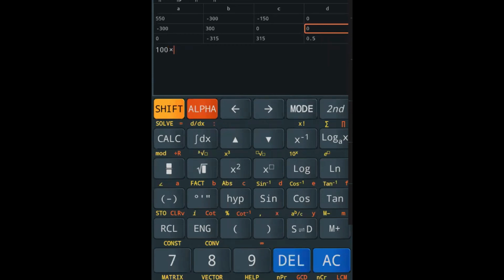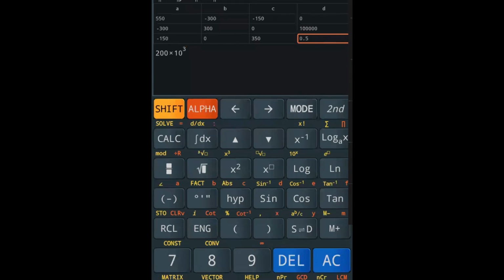Next, minus 150, then 0, 350, right? Then 200 into 10 raised to power 3, right?